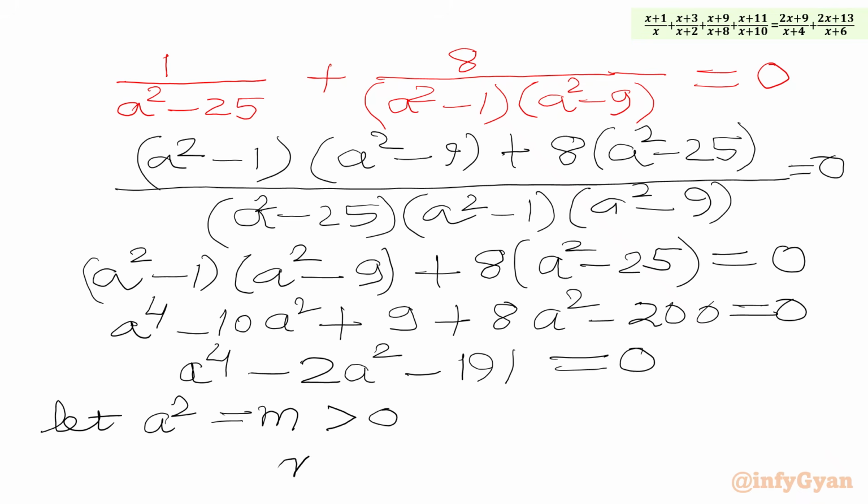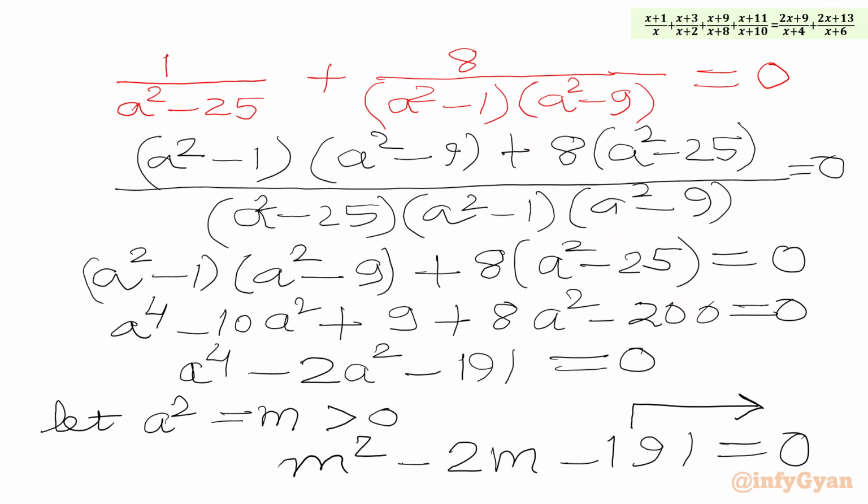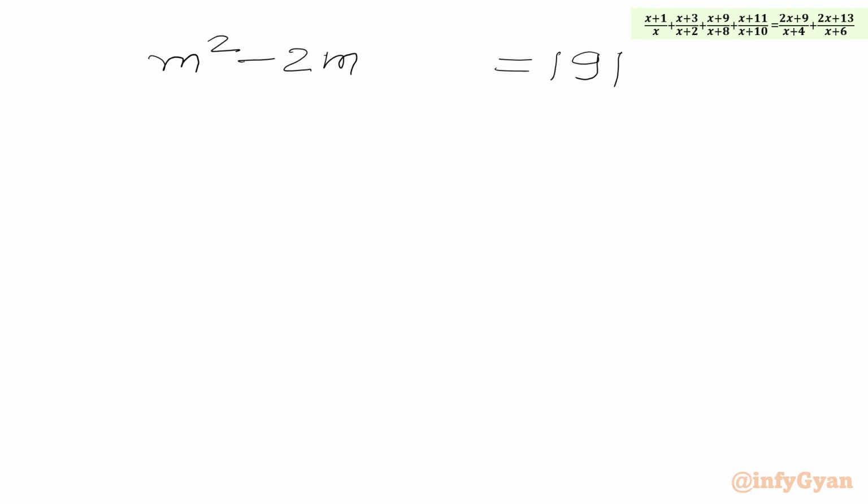So we can write our equation in variable m. It must be quadratic. m square minus 2m minus 191 equal to 0. Now we will take minus 191 to the RHS. So we will write m square minus 2m, and in RHS we will write plus 191.